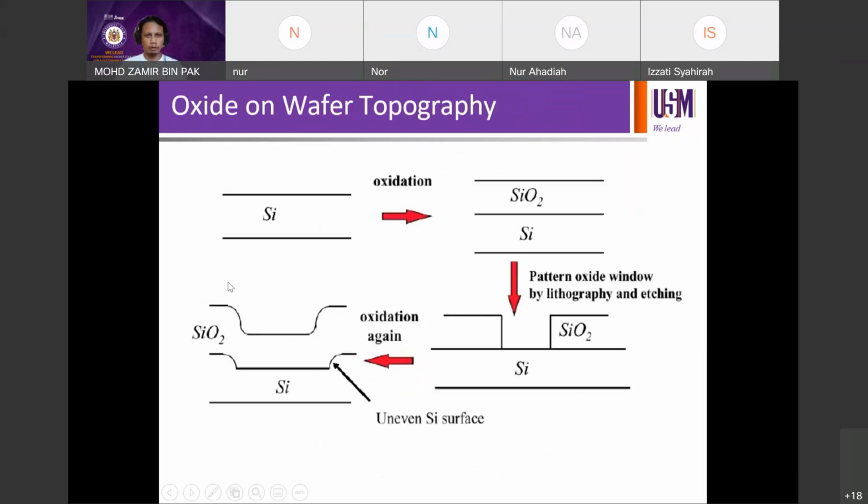Right, oxide on wafer topography. If you're growing your silicon dioxide on a planar silicon, the one that you have here on top, you will get a very uniform or smooth layer of silicon dioxide on the silicon. You don't only grow on the front, you are growing on the side as well and at the back, if you expose the whole silicon wafer.